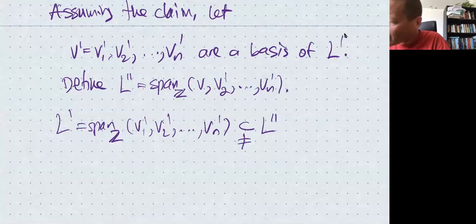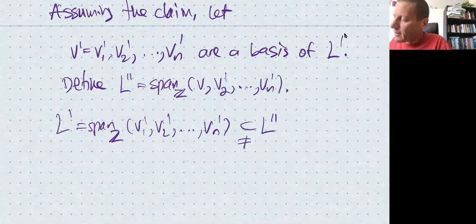Again, each of these Vi primes belongs to both L prime and L double prime, and V1 prime definitely belongs to this set because it's a multiple of V. So all of these elements belong here, and so L prime belongs here. So definitely we have an inclusion. L prime is contained in L double prime.